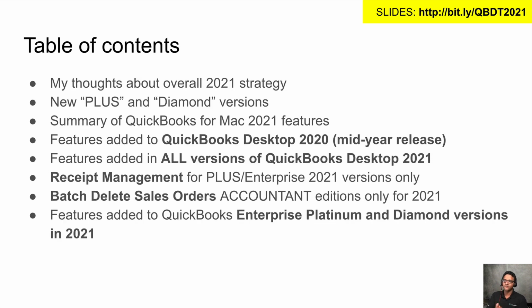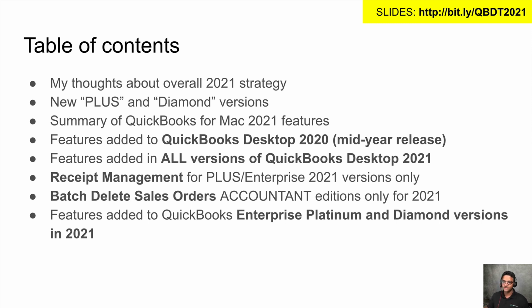So, table of contents for today. I'll talk about my thoughts, my personal opinion only, about the overall strategy that Intuit is putting forth for 2021. This might affect you more if you're an accounting professional or a reseller or a QuickBooks Pro advisor, one that deals with this stuff in wonky ways. For the end users, it's not really such a big deal.